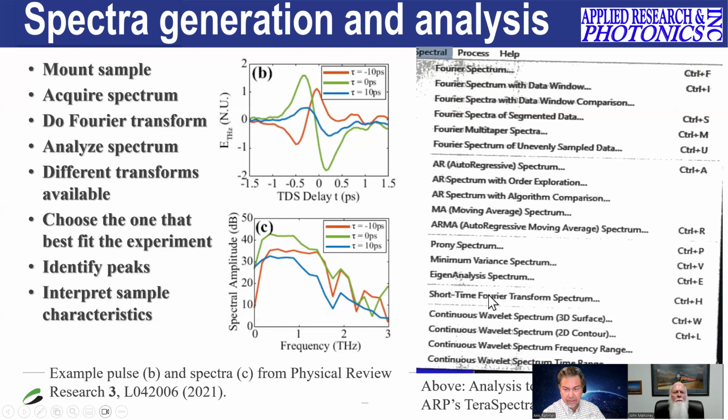And the short-time Fourier transform is quite different from the regular Fourier transform. It is a three-dimensional approach. Why three-dimensional? Because when you transform from the time domain into the frequency domain, you lose time and you get frequency, which is very important, but why can't I keep the time as well?